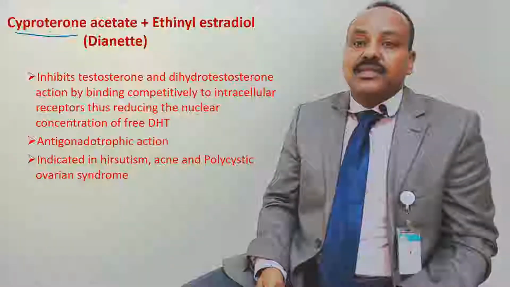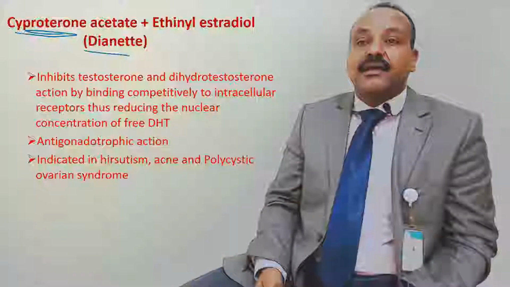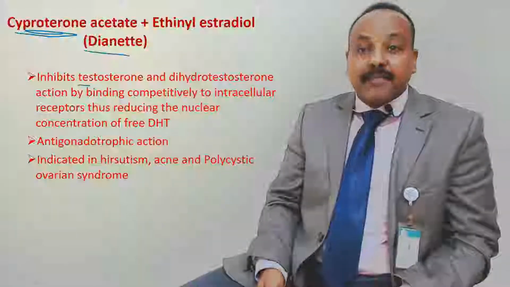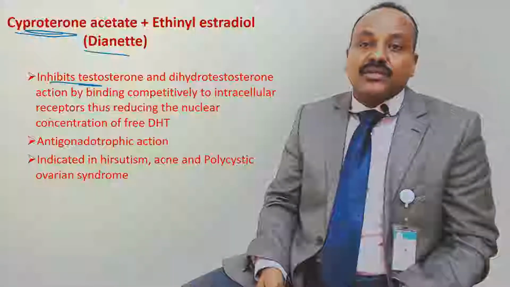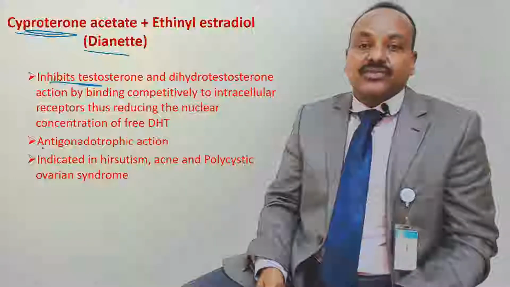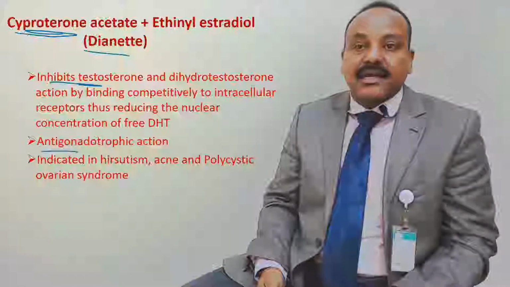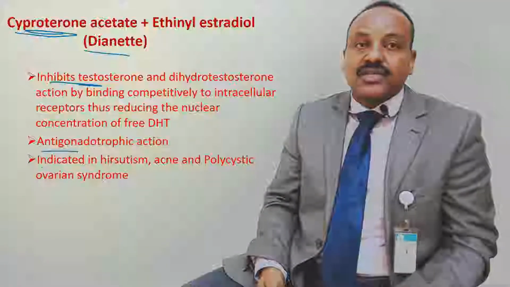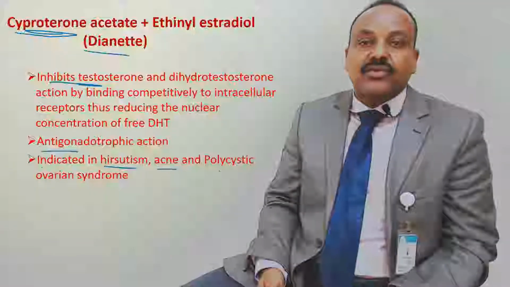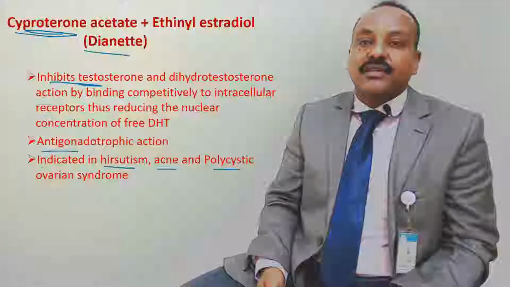This is what we call Diane. It is also anti-androgenic, inhibiting testosterone and dihydrotestosterone action by binding competitively to intracellular receptors, thus reducing the nuclear concentration of free dihydrotestosterone. It also has anti-gonadotrophic action, and we can use it for treatment because of its anti-androgen activities: in the treatment of hirsutism and acne, and also in polycystic ovarian syndrome.